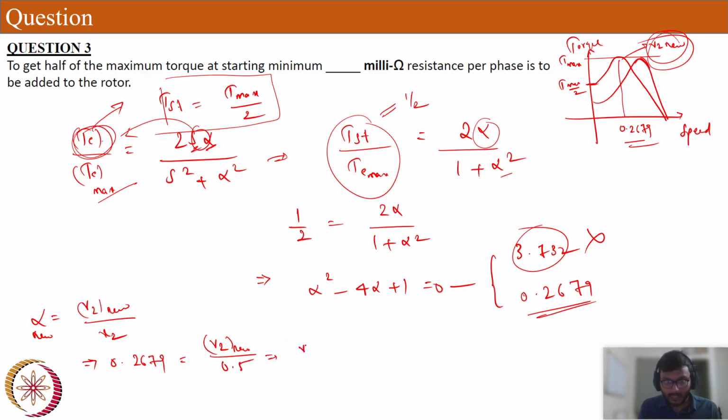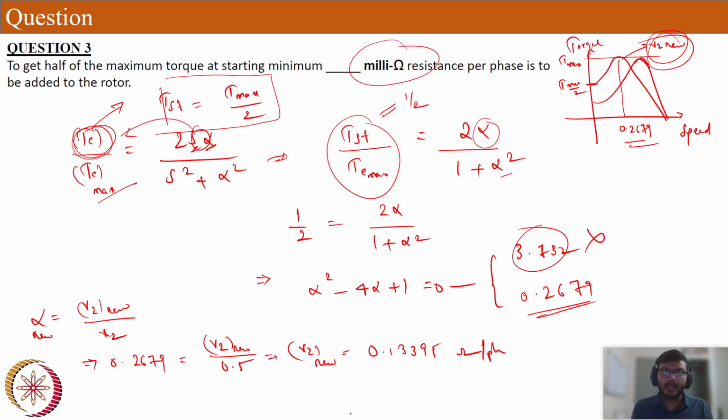From this you can calculate R2 new. 0.2679 into 0.5 is 0.13395 ohms per phase.